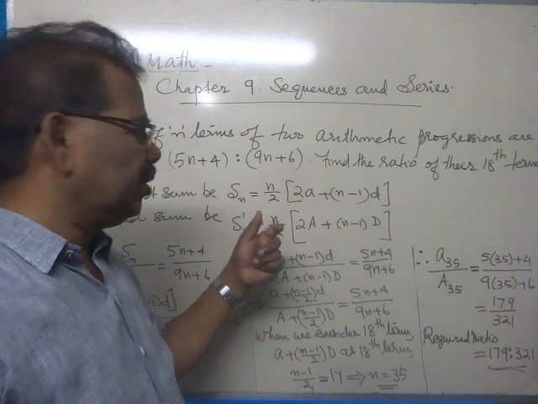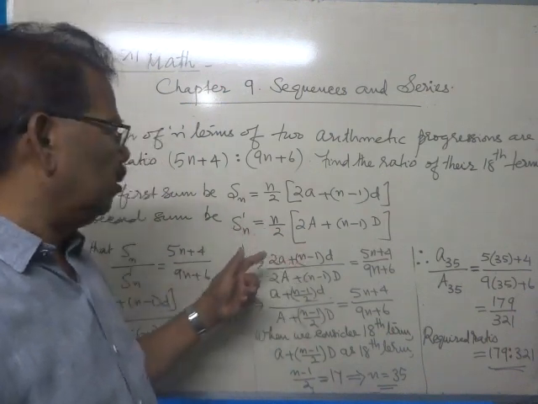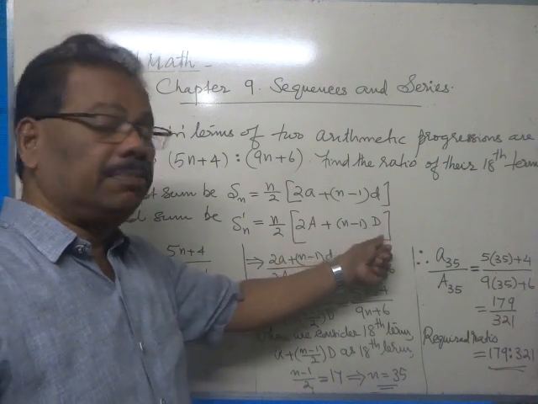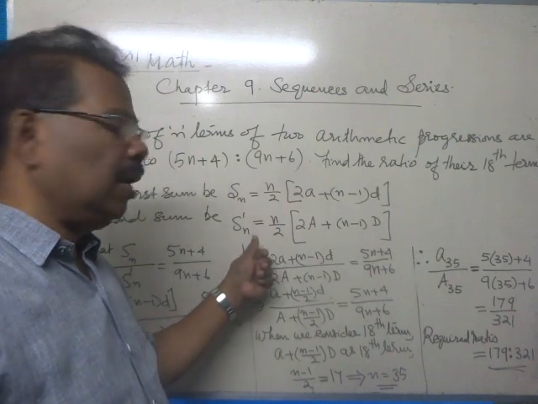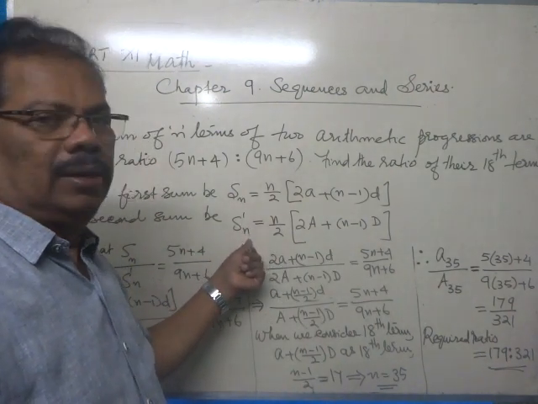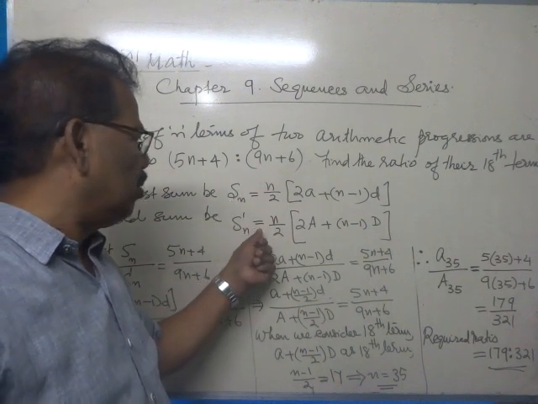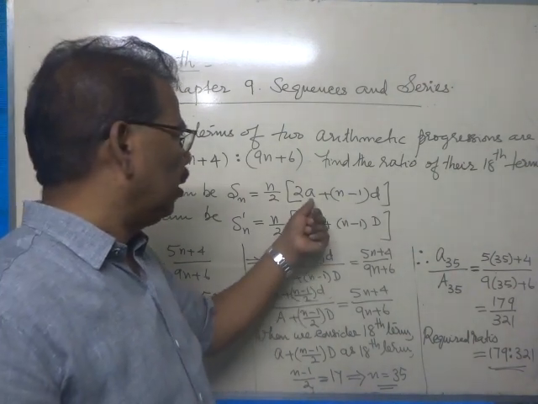And let us consider the second AP with the first term capital A and a common difference capital D. Thereby the sum of the first n terms can be shown as S dash n equals n by 2 into 2A plus (n minus 1)D. In both cases the number of terms is n.